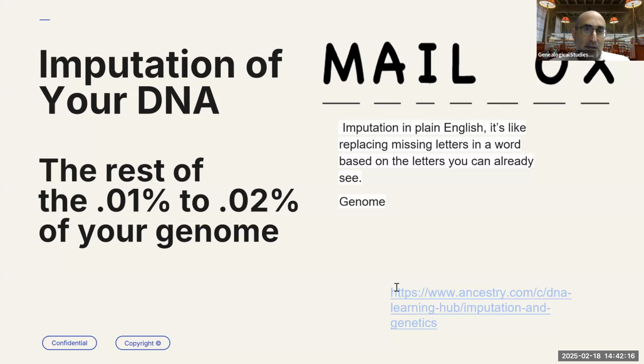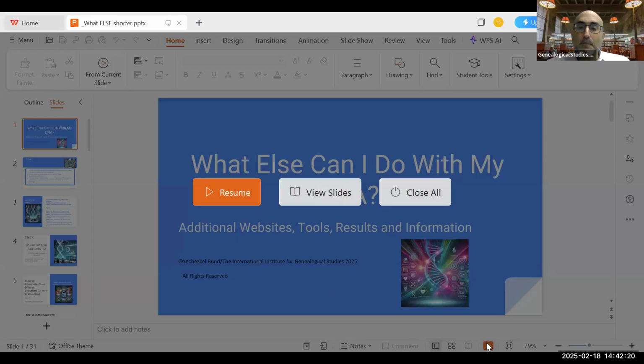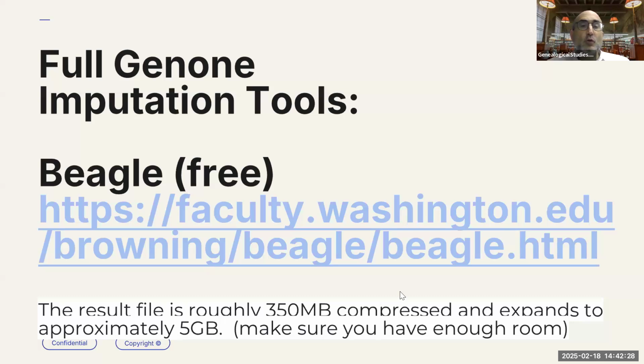So you can impute your DNA. I want to show you a free site where you can impute. Okay. So you can impute your DNA at this site. It's called Beagle. And you upload your unimputed DNA from one of the companies, and then you download your imputed DNA file. Just bear in mind, it's a very large file.